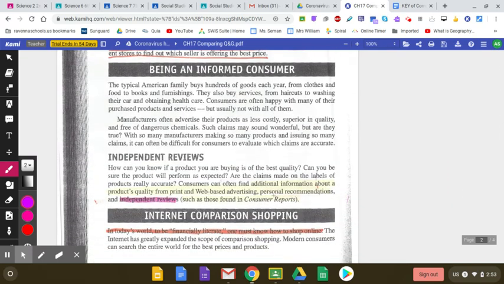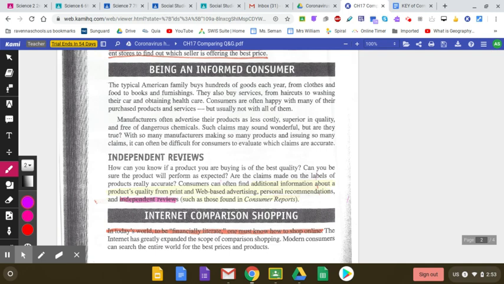Being an informed consumer: the typical American family buys hundreds of goods each year, from clothes and food to books and furnishing. They also buy services, from haircuts to washing their car and obtaining health care. Consumers are often happy with many of their purchases, products, and services, but usually not all of them.